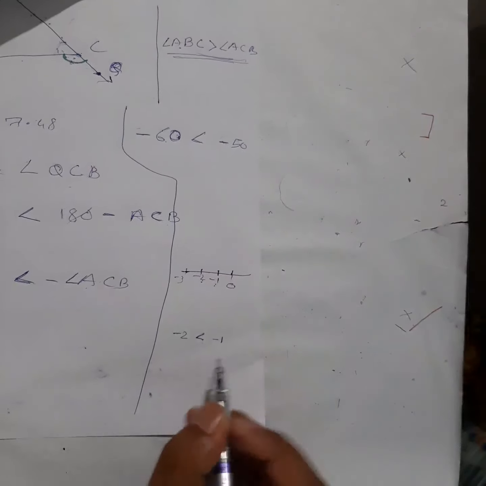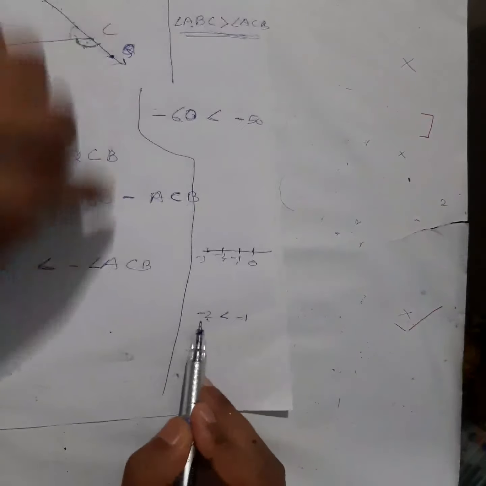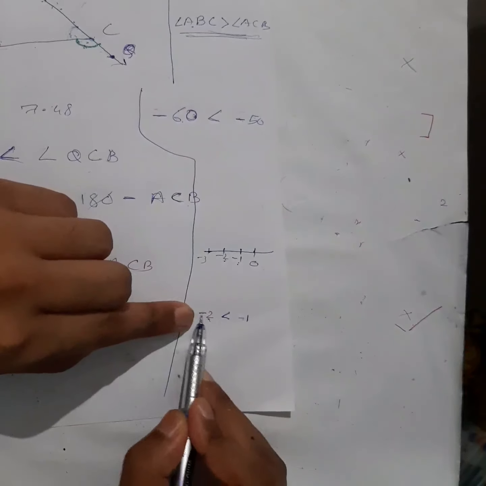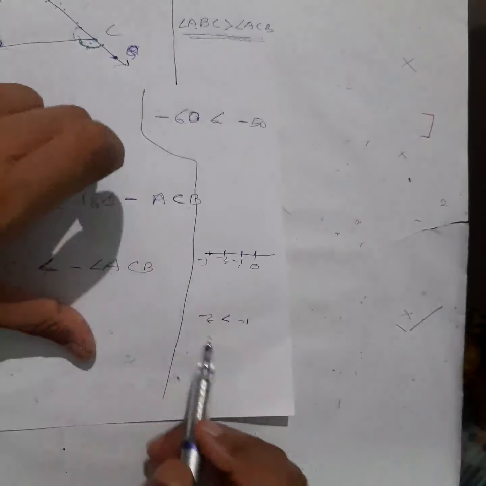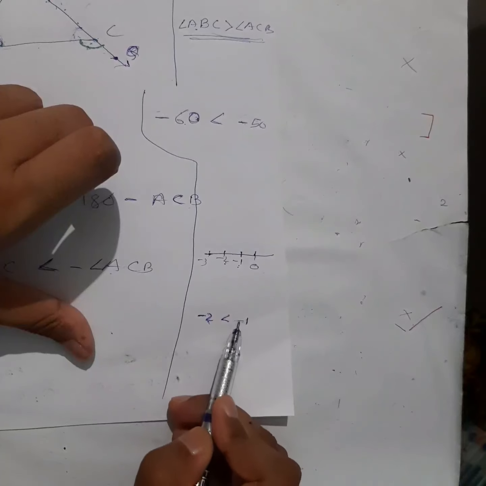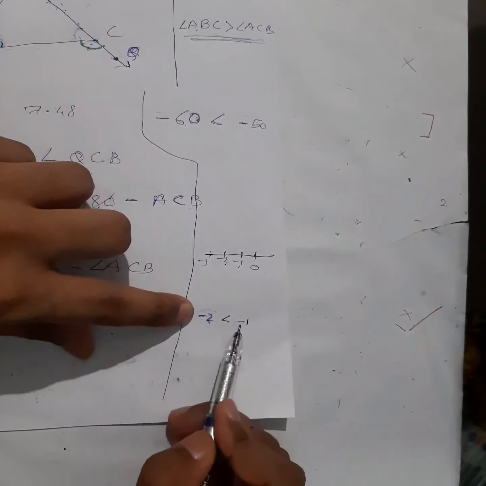We know that, right? Now see carefully the number 2. If you remove the negative sign, this 2 will be greater than this one. The symbol will change if I remove the negative sign. But if I place the negative sign again, the number which is bigger without the negative sign becomes smaller with the negative sign.